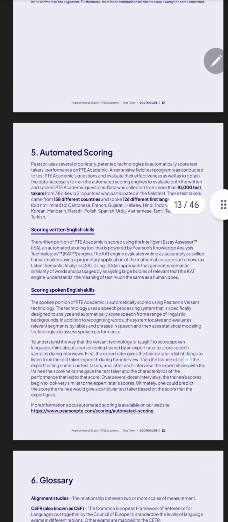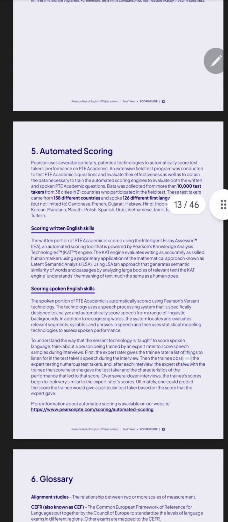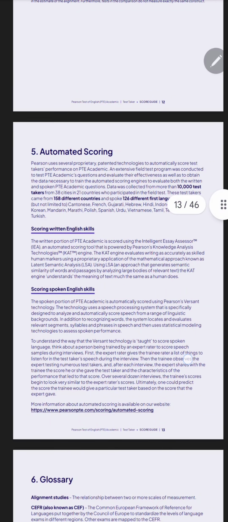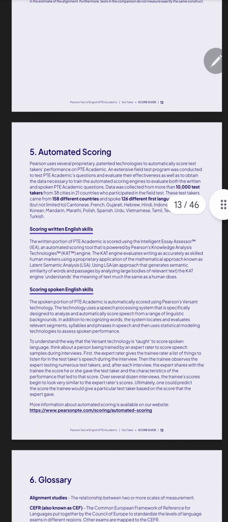Okay, so it's about scoring written English skills. The written portion of PTE Academic is scored using the Intelligent Essay Assessor.